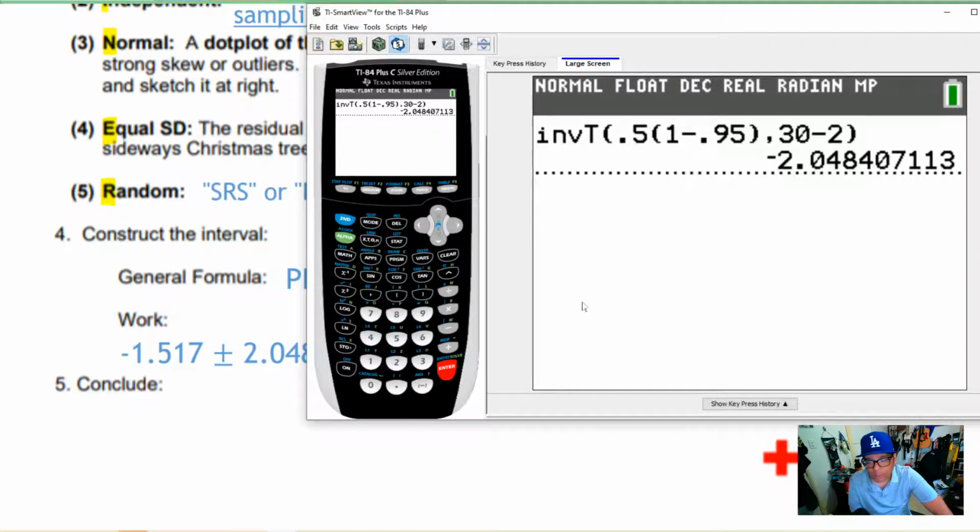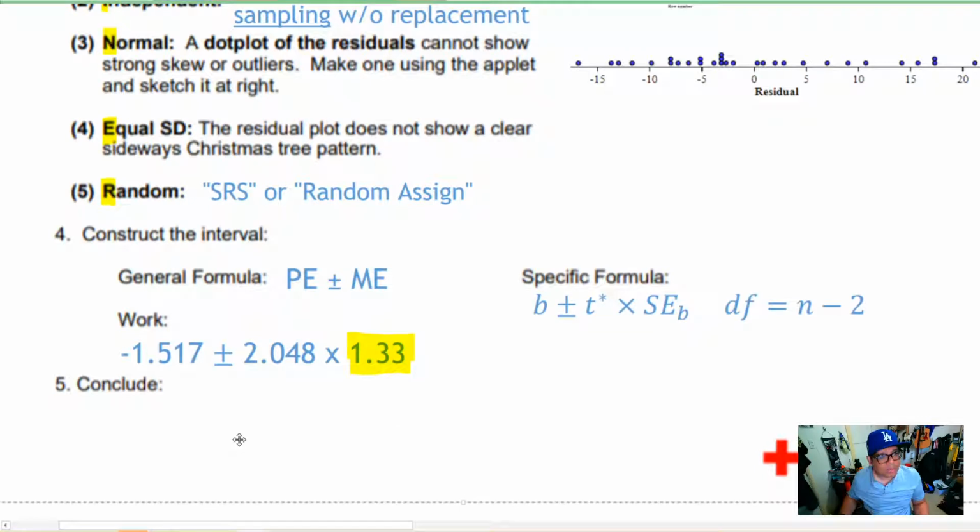Of course, all of our T stars and all of our Z stars are positive. So that's why we have positive 2.048 multiplied by 1.33.